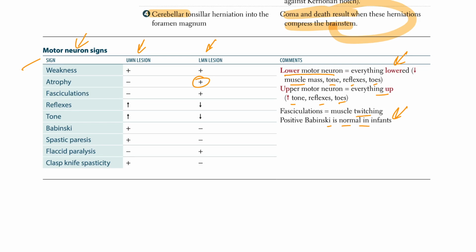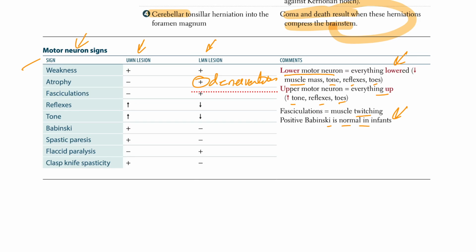And why is that? Because there is denervation to the muscle. And that is an important concept. When you denervate a muscle fiber or a group of muscles, they are going to go into atrophy. Denervation of the muscle fibers.